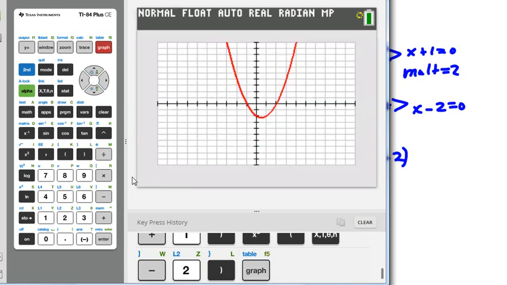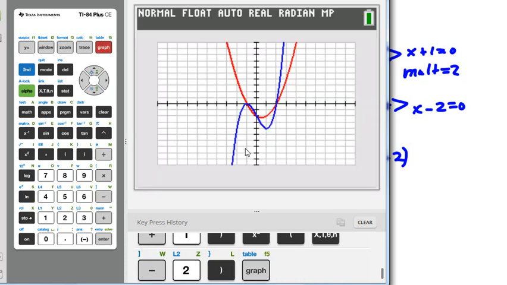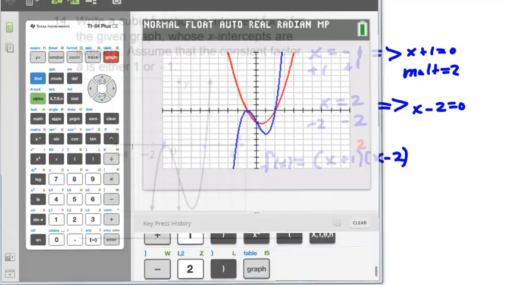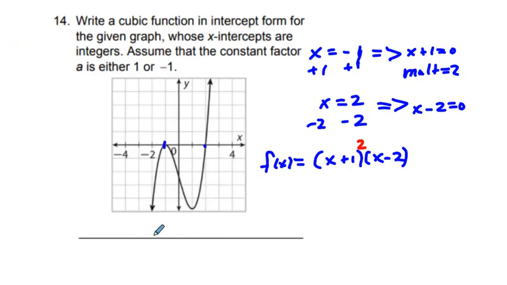So we graph, and there it is, the blue one. That's the more accurate version. So this right here is our correct answer: f of x is equal to quantity x plus 1 squared times quantity x minus 2. That's it for 1 through 14.